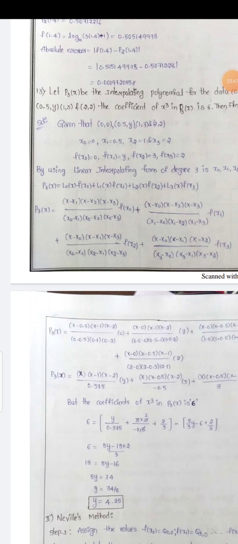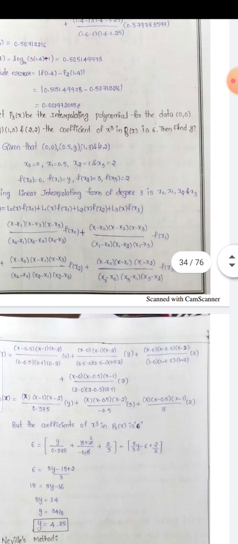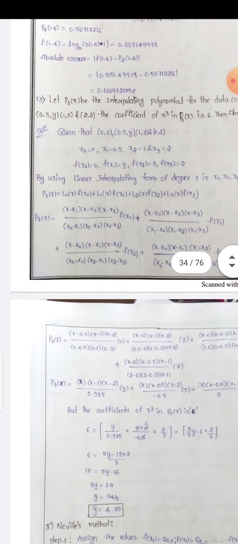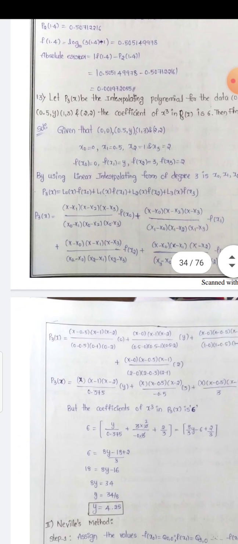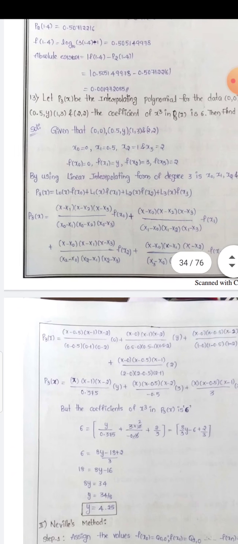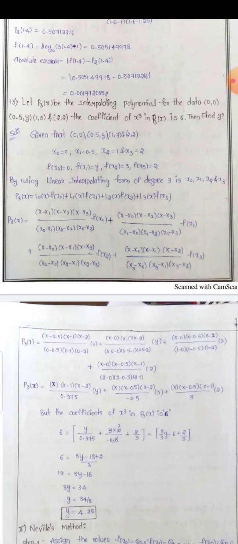Next problem: let P3 of x be the interpolating polynomial for the data (0, 0), (0.5, y), (1, 3) and (2, 2). The coefficient of x cube in P3 of x is 6. Then find y.